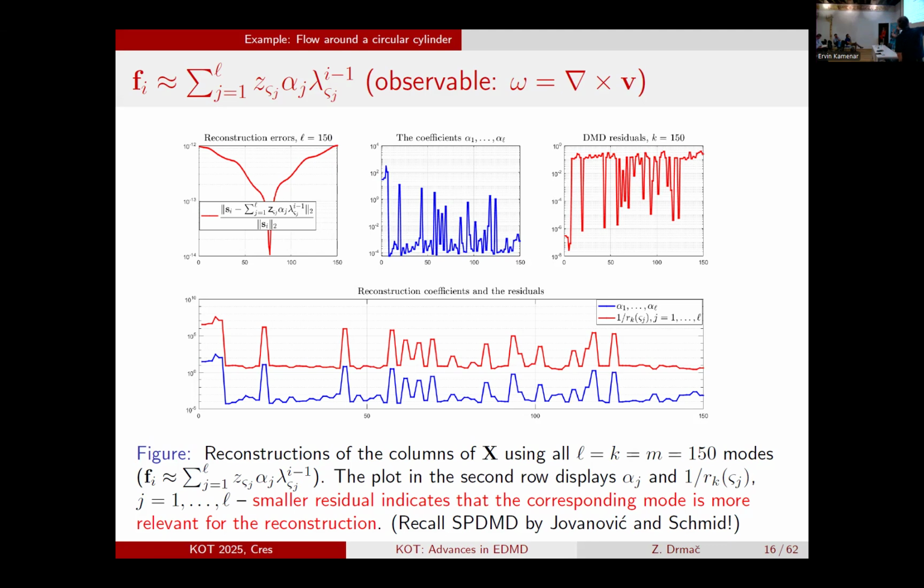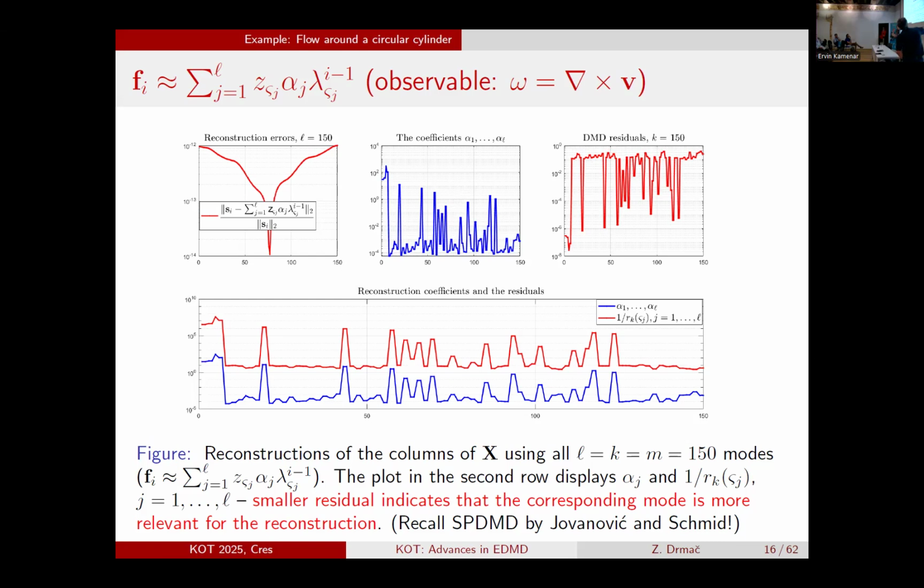But if you look at the contribution, the amplitudes of particular modes, out of all of them, we see that some of them are contributing a lot to the reconstruction, and some of them, their contribution is minimal. And of course, we do not know in advance which is which. Once we solve the least squares, we will see, okay?